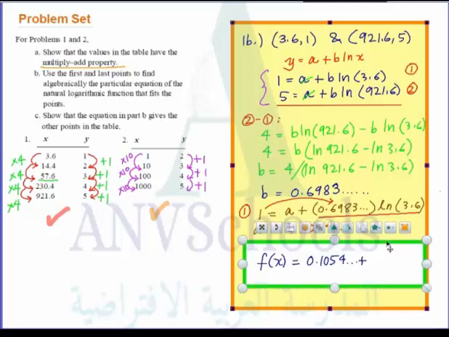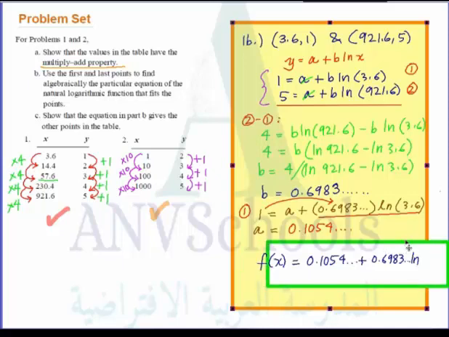So plus 0.6983 ln of x. Okay, so this is my equation.